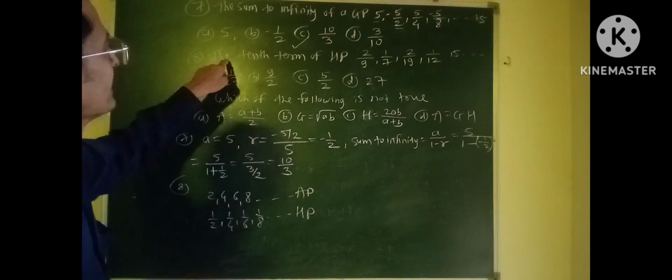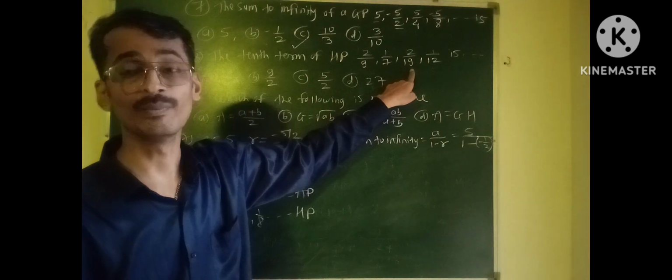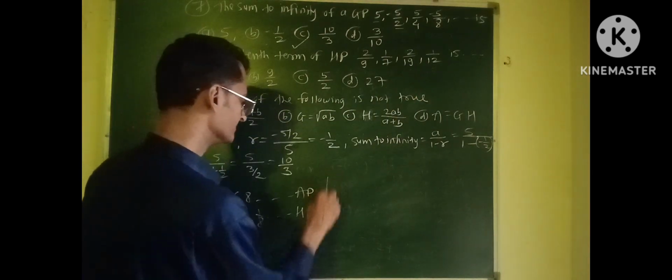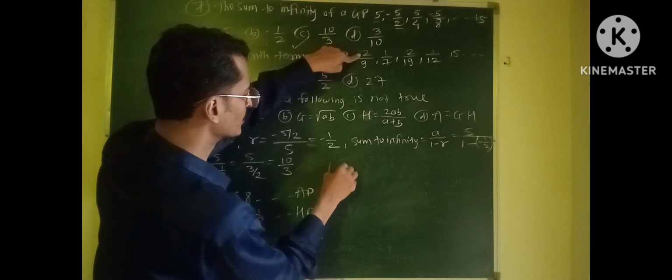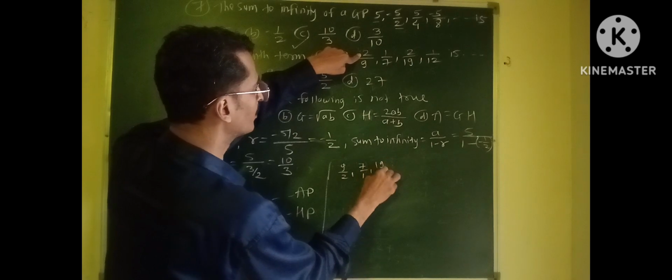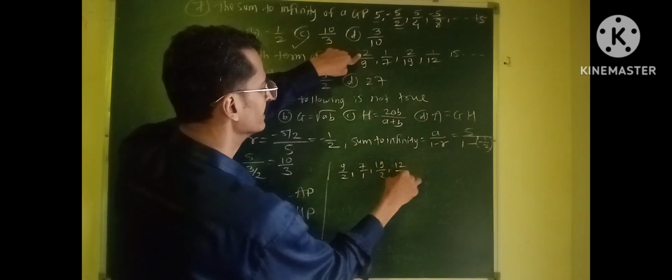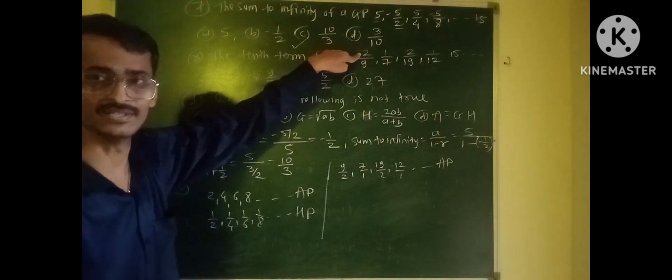Okay, so now given that this is an HP, so write their reciprocals. We will get AP. So here reciprocals are what? 9 upon 2, 7 upon 1, 19 upon 2, 12 upon 1. This is what? AP by definition of HP.